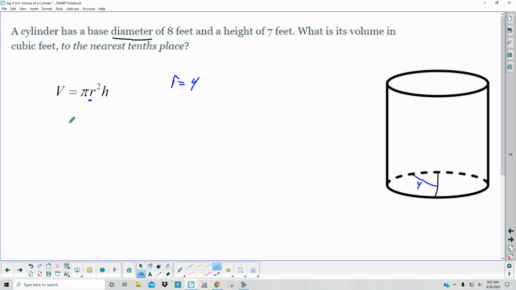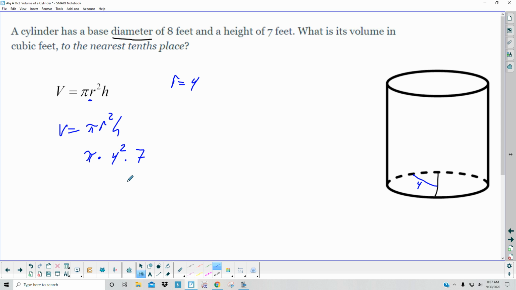You write the formula, volume is equal to pi r squared h, and h is 7.